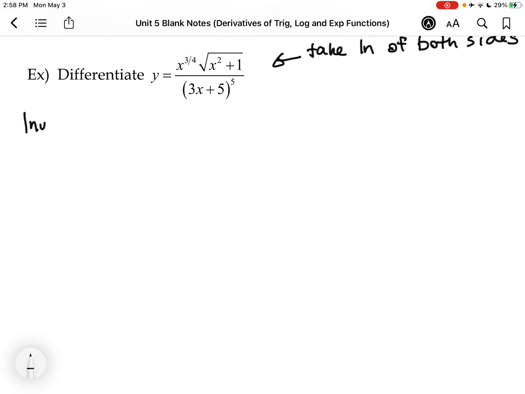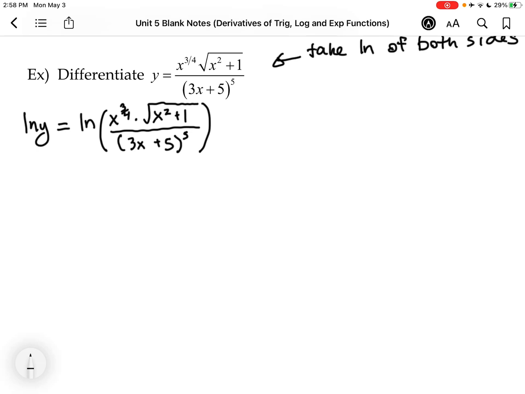So we're going to have ln y equals ln of x to the 3/4 times the square root of x squared plus 1, over 3x plus 5 to the 5. Okay, so I've just taken the ln of both sides. But now what I can do with the right side is break this up into several logarithms using the product and the quotient rules, right?